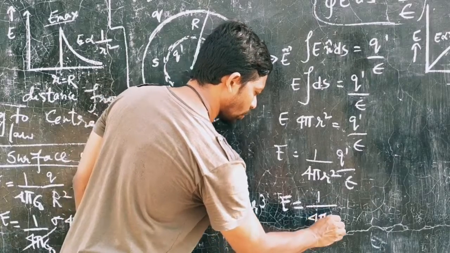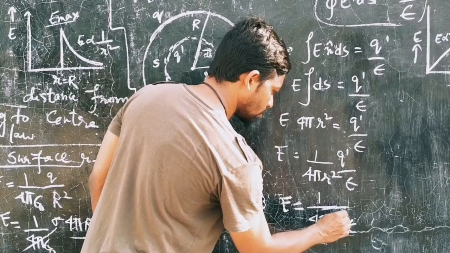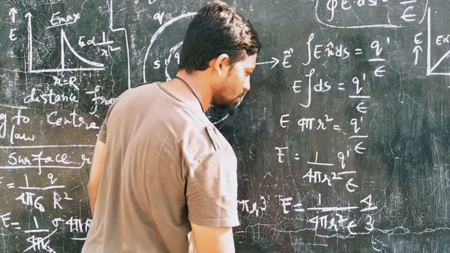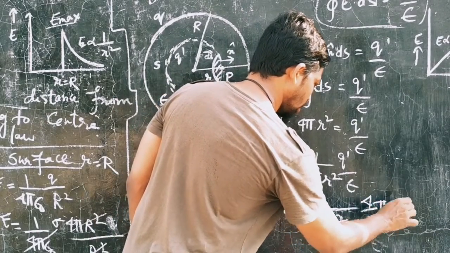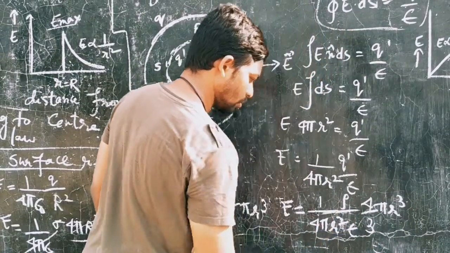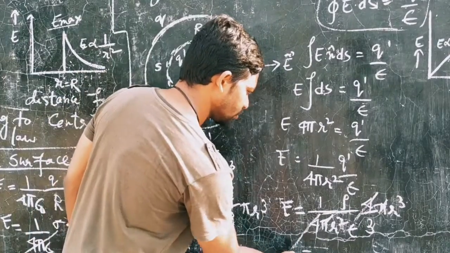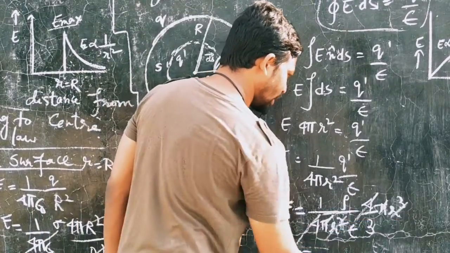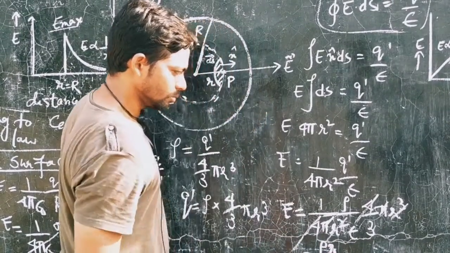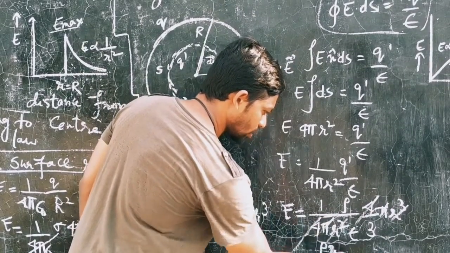E equals 1 by 4 pi r square epsilon, into 4 by 3 pi r cube, and then rho. 4 pi gets cancelled, r square and r cube cancel, r is left out, so we are left with rho r, 3 and epsilon left out here.